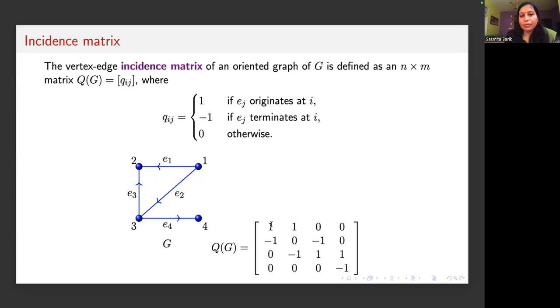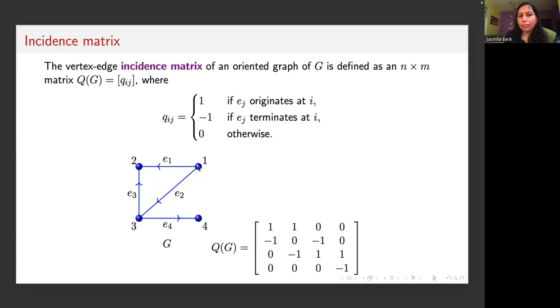So this is known as the vertex incidence matrix. Because each column contains one +1 and one -1, the column sum becomes 0. And each row contains some number of non-zero entries, which is basically the degree of the corresponding vertex.